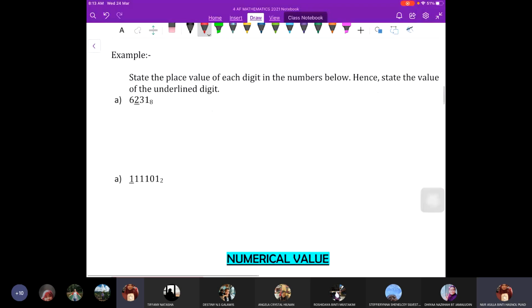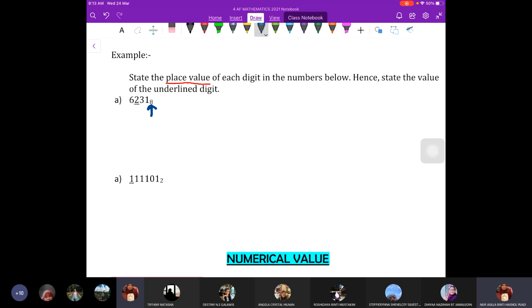Okay, soalan mengatakan state the place value of each digit of each digit, ni digit kita, in the numbers below. Okay, kita pergi ni dulu, sebab yang kedua ni, dia suruh state value, place value. Okay, now, if you have a number, dan dia bukan in base 10, kamu akan nampak dia akan tulis base berapa dekat sini.